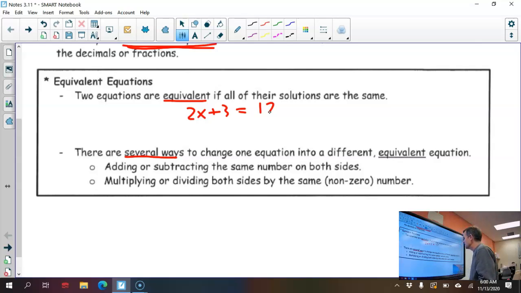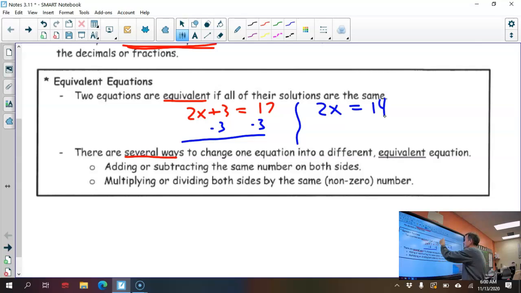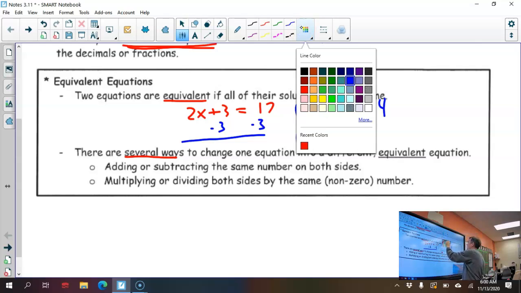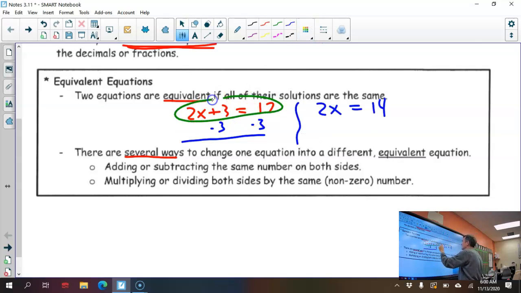One way to change this equation into an equivalent equation is to subtract 3 from both sides. That gives me 2x equals 14. These equations are equivalent equations because all their answers are the same.